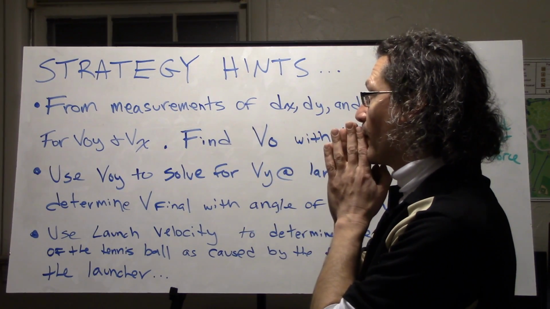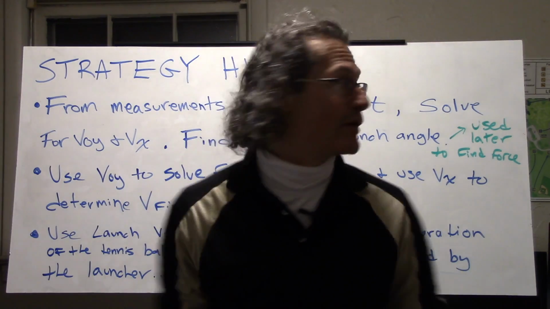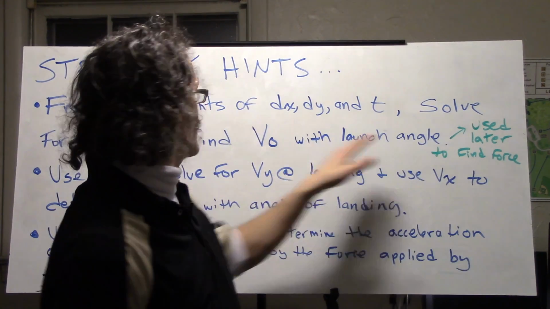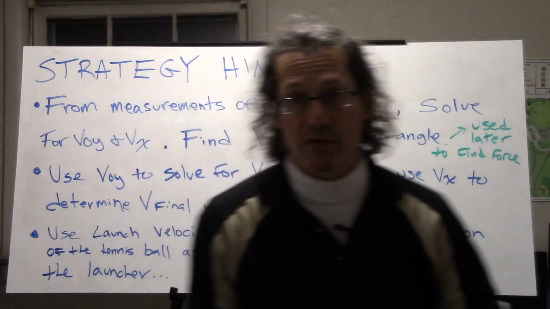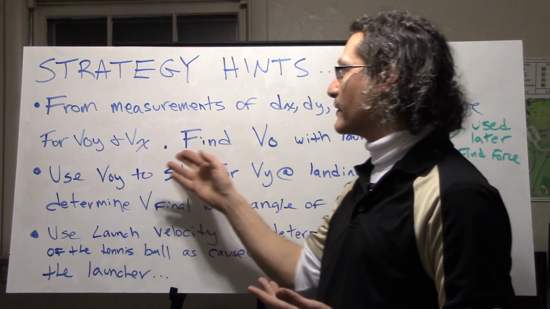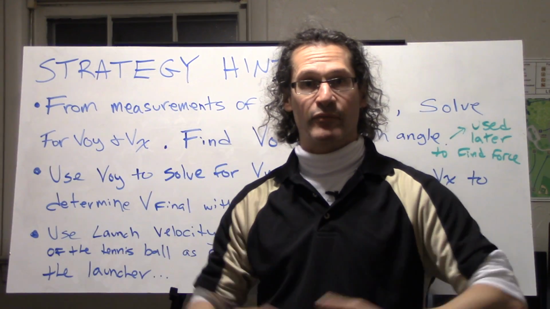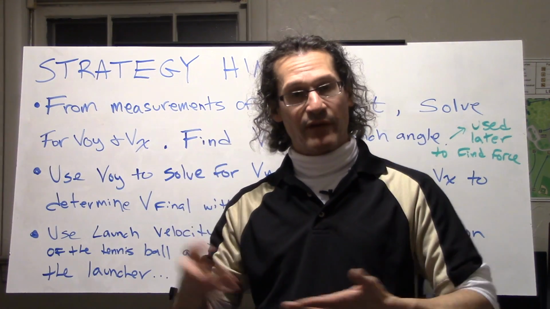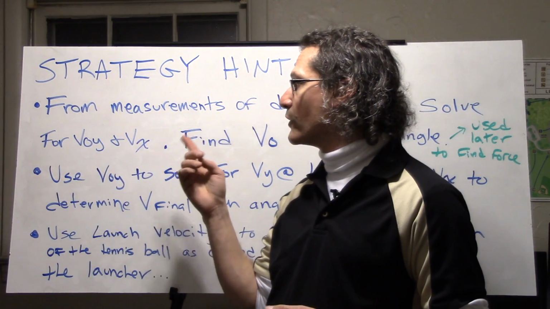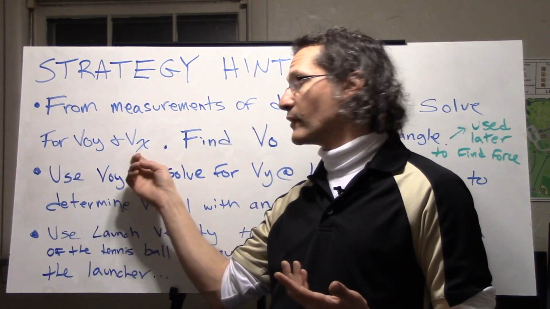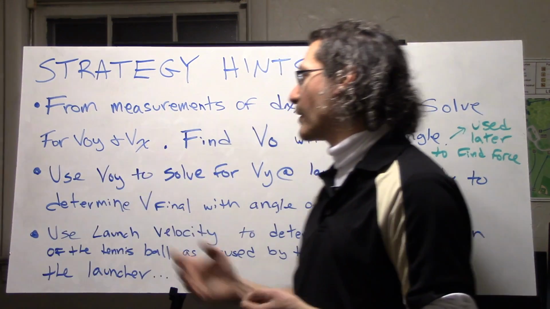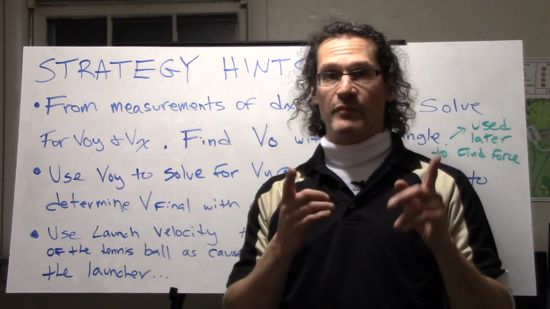Number 1 here is from your measurements of dx, dy, and t, you want to solve for v naught y and vx. Okay, so the initial velocity in the y direction, and vx. You can do that with the process for separating variables for projectile motion, the graphical grid in 2 dimensions, or you could just use the smileys and keep the labeling separated for vertical and horizontal, remembering that they share time, which you will have measured by the camera.